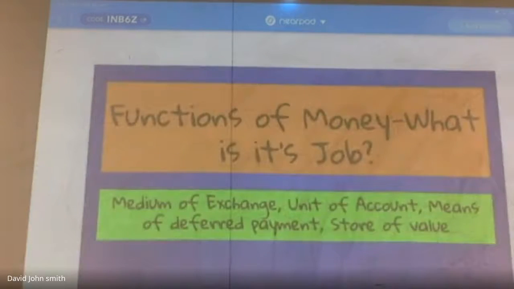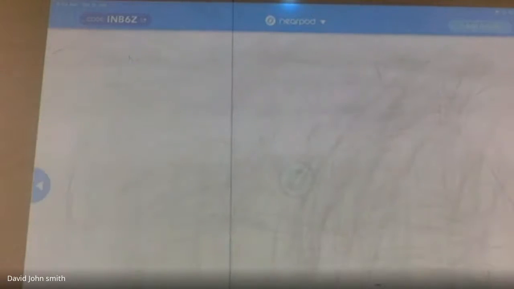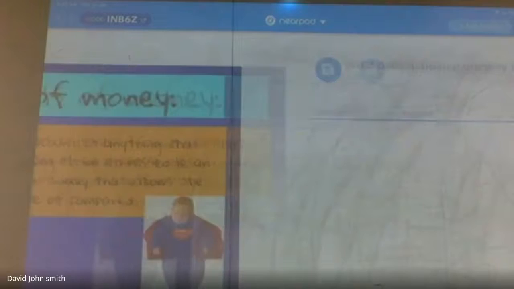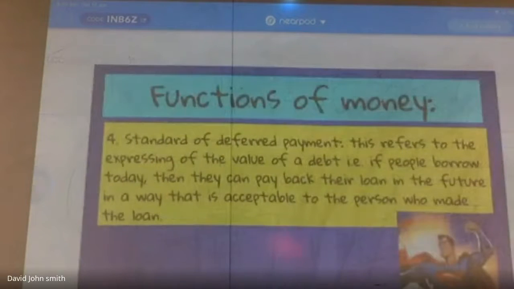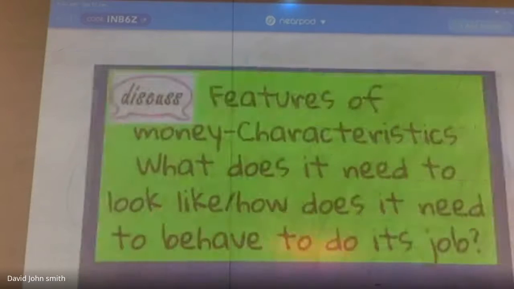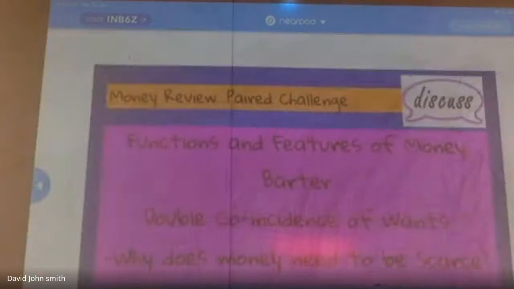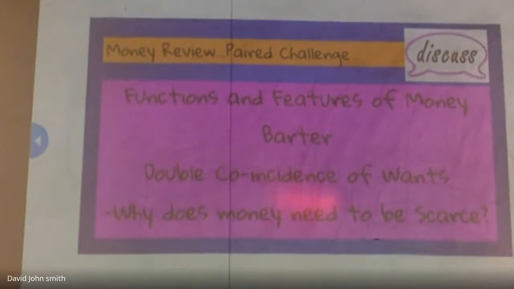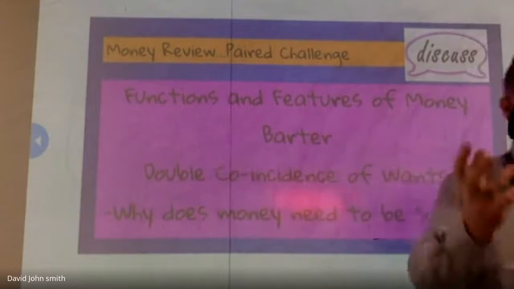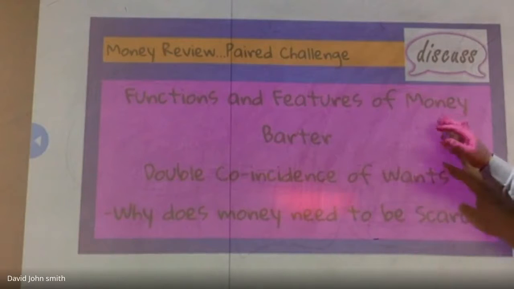Right, and the Google Doc answered these questions. So it was this one. All right, so in your Google Doc, your team would have answered the questions, the functions and the features of money, what were they?